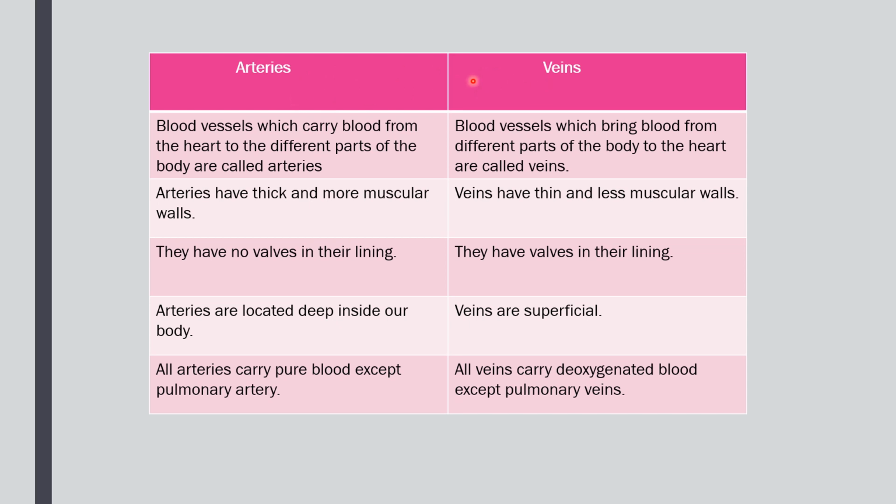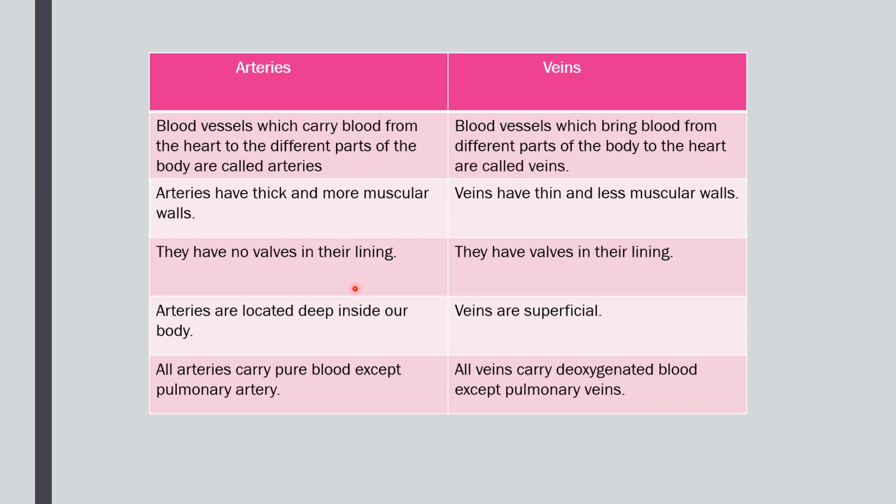So, now that we have learned about arteries and veins, let us see some distinguishing points between arteries and veins. Arteries are the blood vessels which carry blood from the heart to the different parts of the body. Veins are the blood vessels which bring blood from the different parts of the body to the heart for purification. Arteries have thick and more muscular walls, whereas veins have thin and less muscular walls.